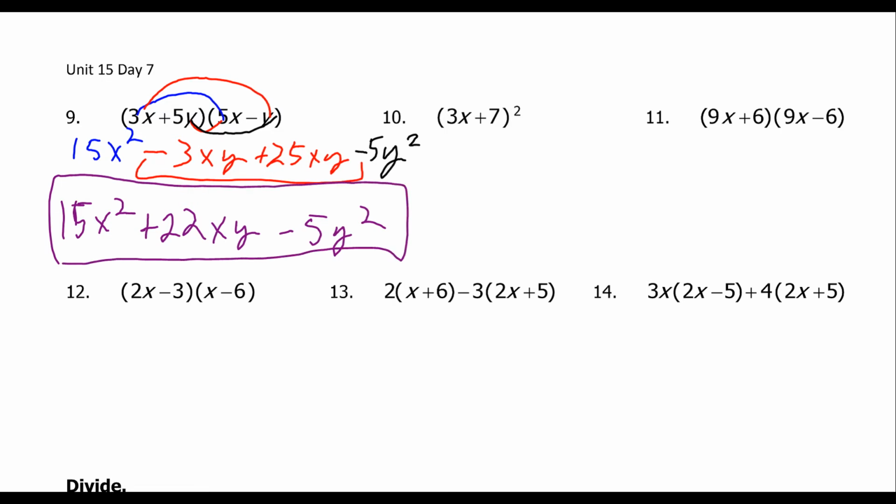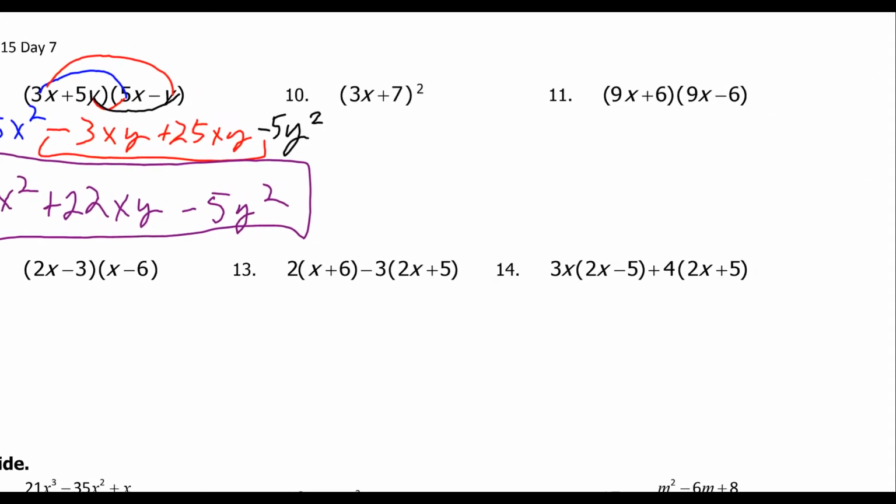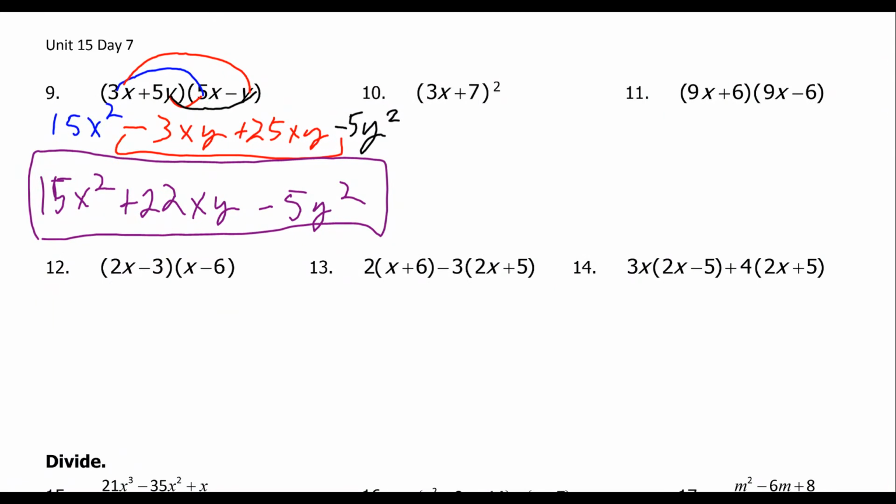Problem answered and done. Now, if y'all remember correctly, number 10 is the one that I said is a trap, okay? You have to watch out for this. Some of y'all are getting a little too confident and are just blazing through this and writing something silly like 9x squared plus 49.